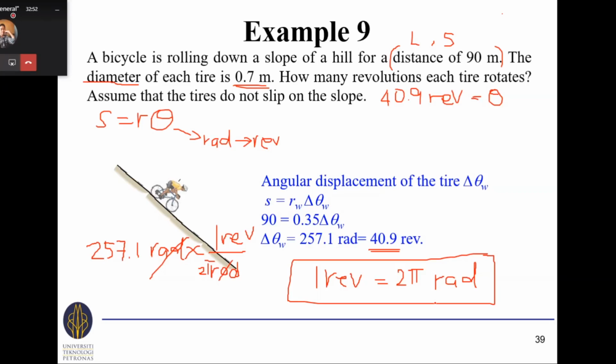Miss, do we have to use this equation? Which one? The S equals R theta. Do you have any other formula to find the answer? It's not a formula, it's more like logic. Well, physics is all about logic, and this is also logic.